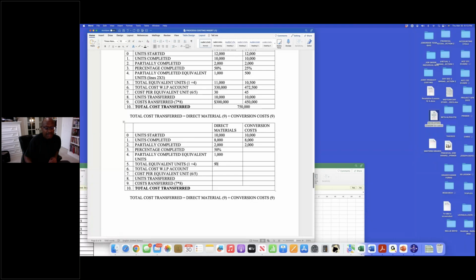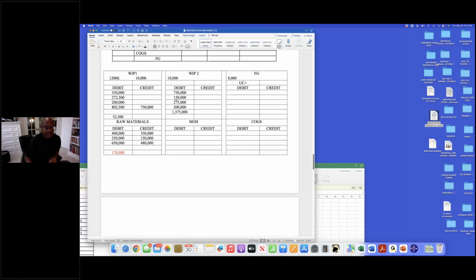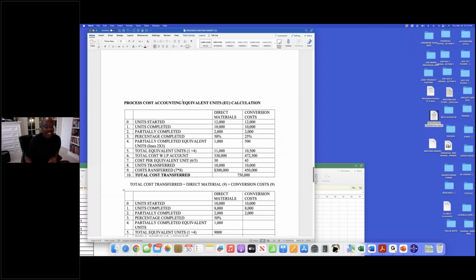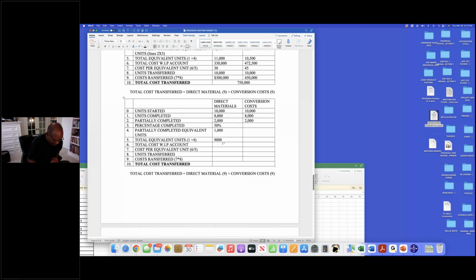So what's our total cost? 150,000. Is that the cost we transfer? Yes, 150,000 plus 750. You can't leave out the 750, because that 750 is now a raw material cost. So that's about 900,000. Are we going to get an even number now?